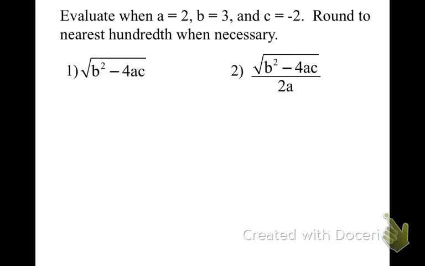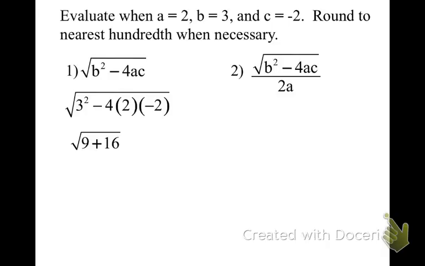Now, something like this, all we're doing is evaluating, doing our order of operations under the radical. So I just substitute. 3 squared is what? 9 minus, I get minus 8 times negative 2. Look at this. Negative 8 times negative 2 is plus 16.